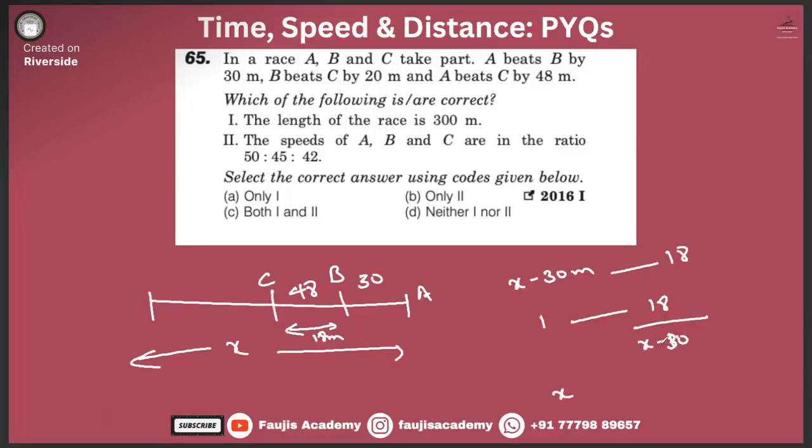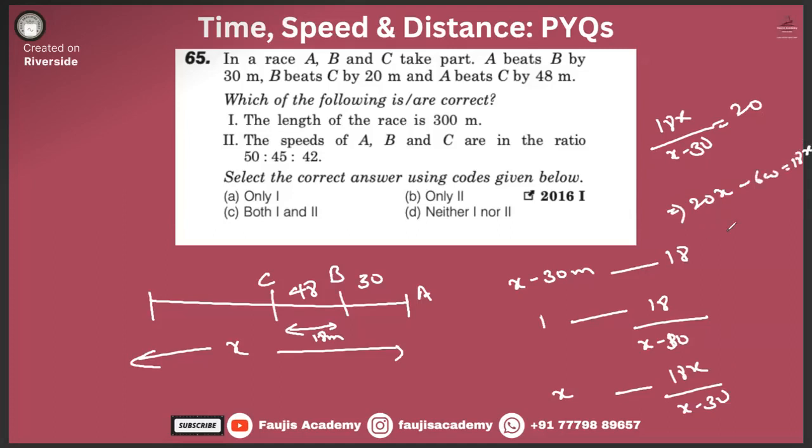For an x meter race, it would have been 18x by x minus 30. They have given that B is beaten by 20. That means 20x minus 600 is equal to 18x. Now we get 2x is equal to 600 and x is equal to 300 meters.